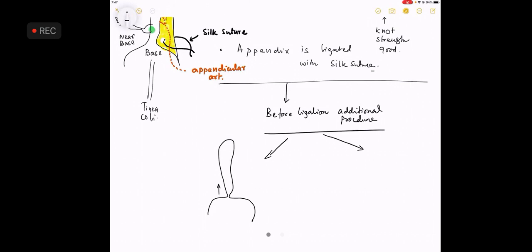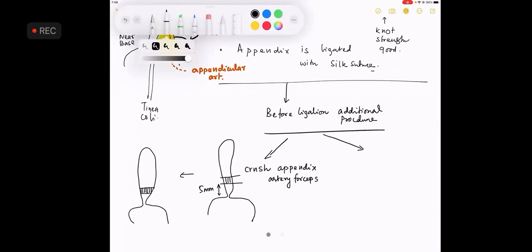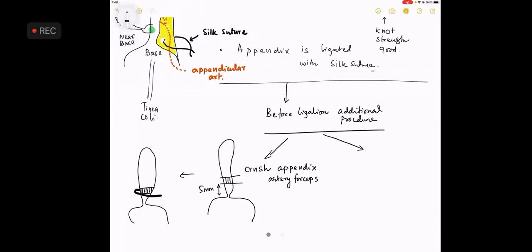Always at a distance of 5 millimeter, crush the appendix with an artery forceps. And then after you have crushed the appendix, at the site where you have crushed it, put a ligature.